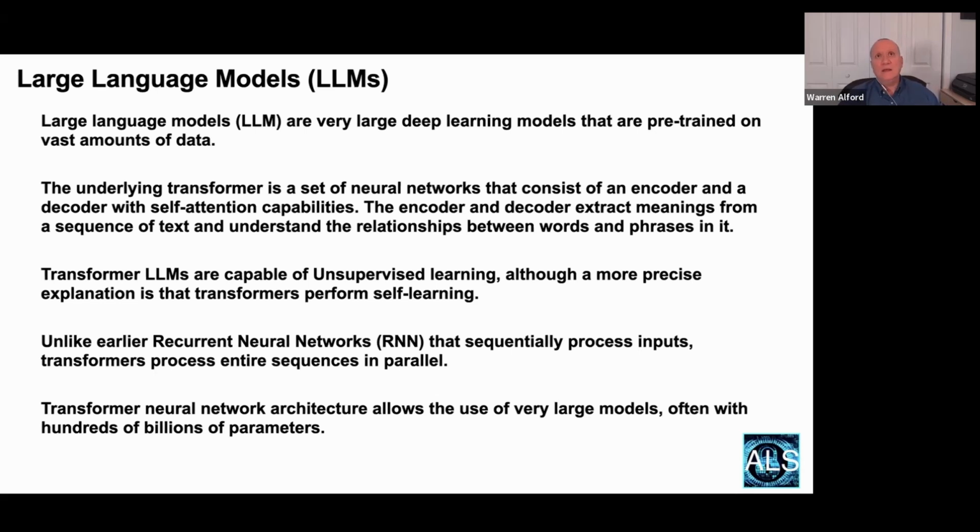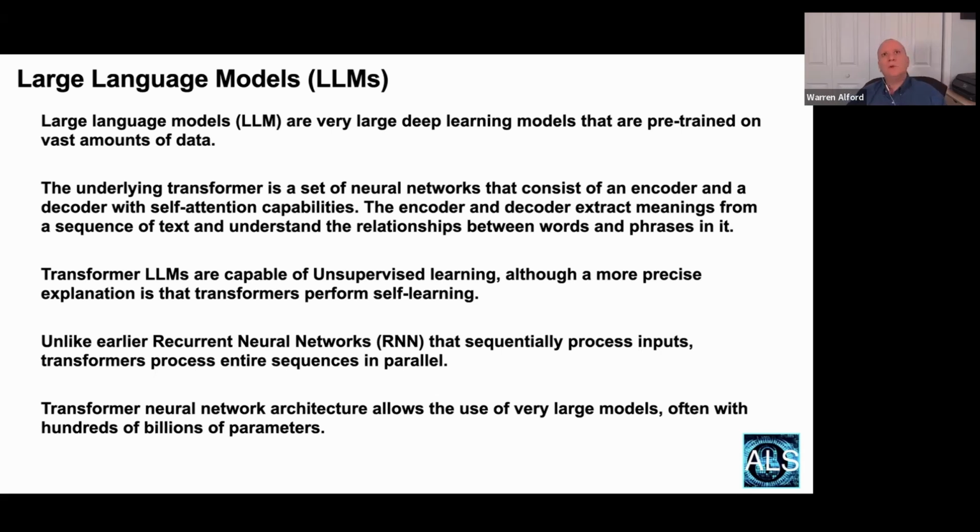Unlike the recurrent neural networks that sequentially process inputs, transformers actually process the entire sequence in parallel. So as it's actually happening, it really does not rely on a linear progression. It actually does this all at one time.